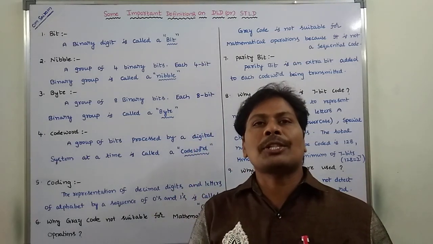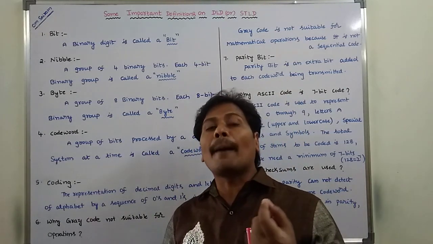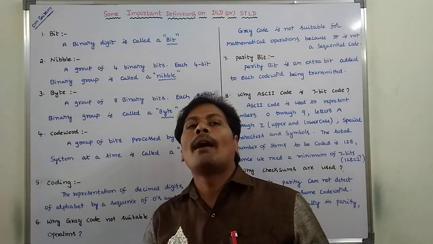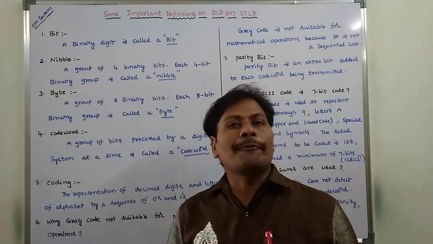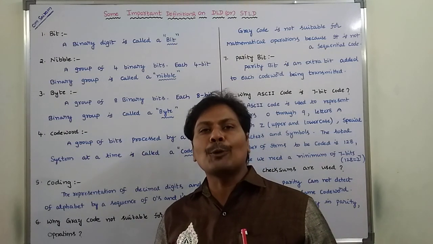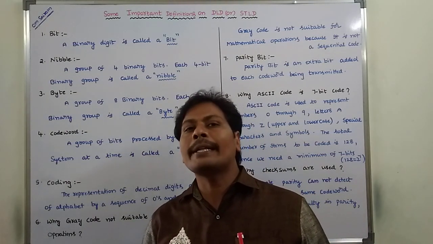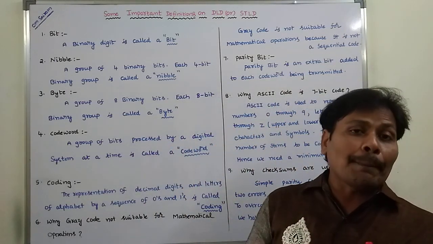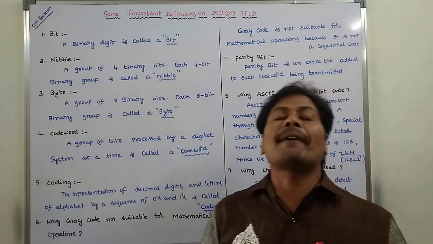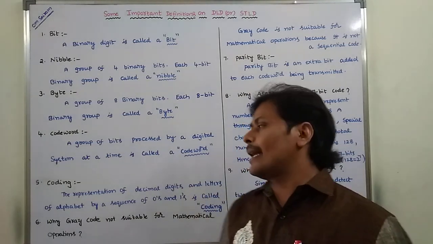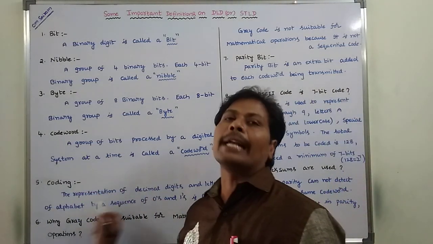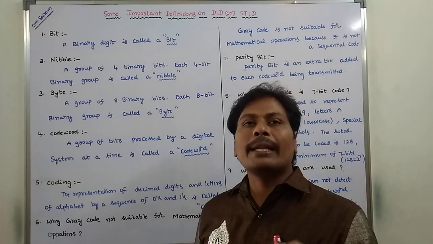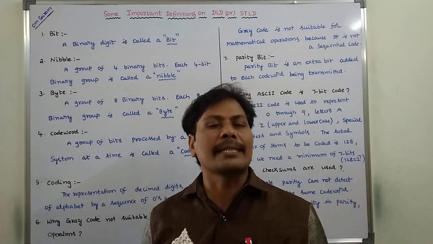The representation of decimal numbers or decimal digits from 0 to 9 and letters of alphabets capital A to capital Z and small a to small z, that can be represented by a sequence of zeros and ones, is called coding. Coding means we can take a decimal number system.